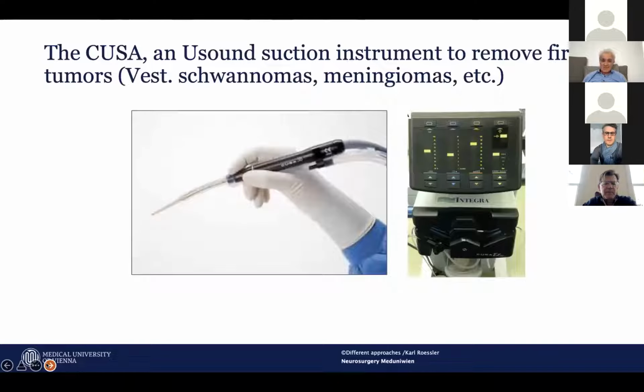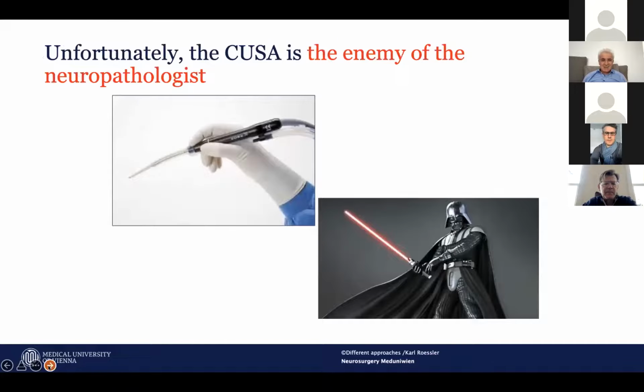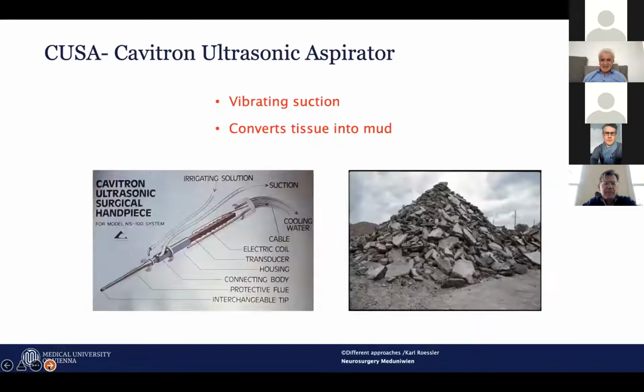I personally don't use the CUSA in epilepsy surgery. I use it in firm schwannomas or meningiomas because the CUSA is the enemy of the neuropathologist, and it converts the tissue into mud. And if you take only small biopsies, you won't get really a proper diagnosis.